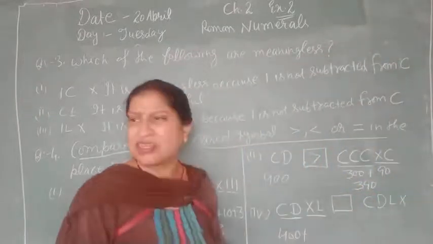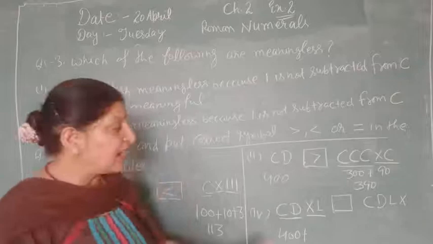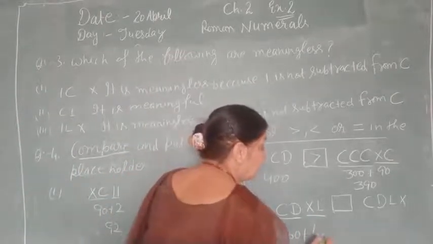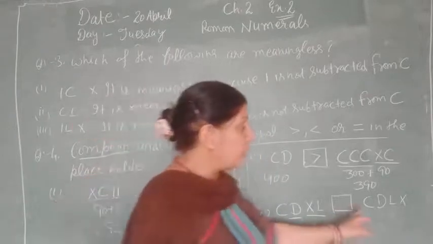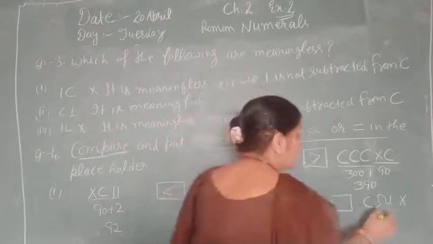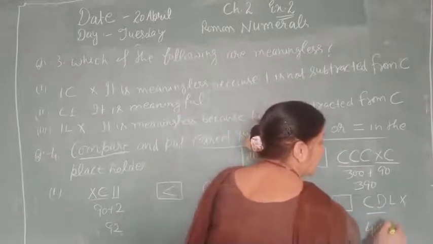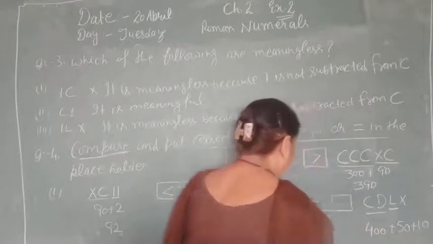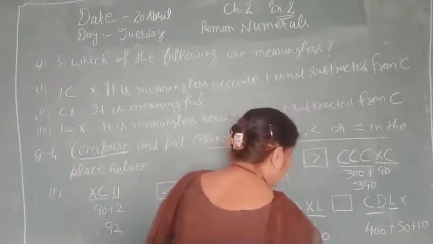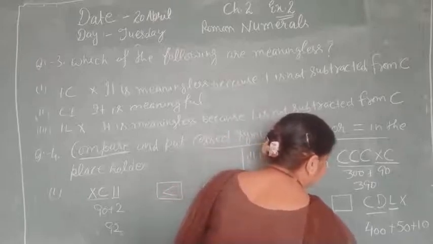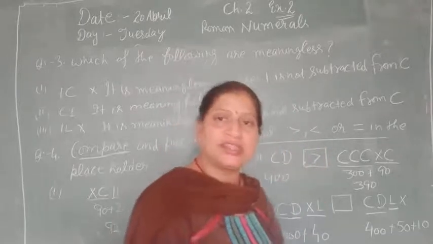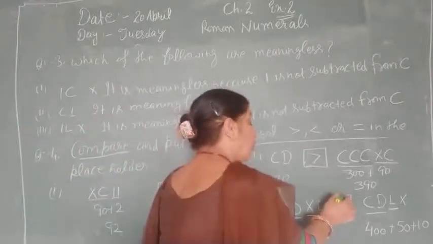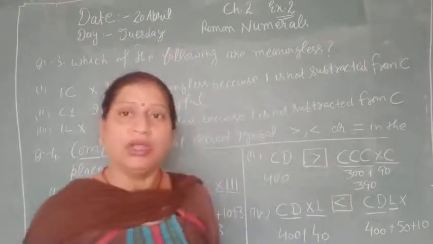That's why we subtract X from L and the number is 40. Now here CD is used for 400. With XL, our number becomes 440, and here it becomes 460. Now we easily find out that 440 is smaller than 460, so we put this symbol.